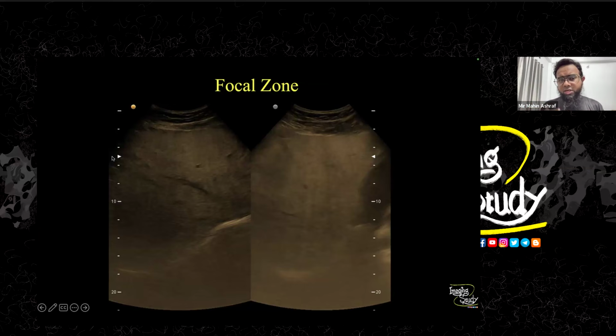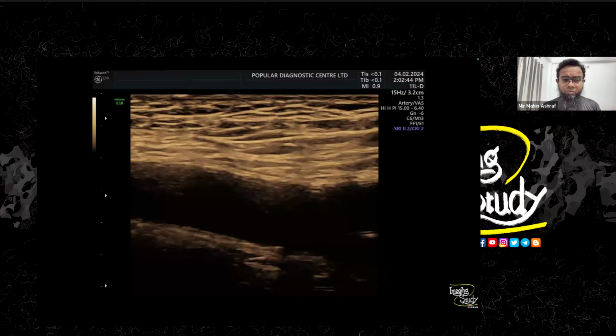If you need, you can use multiple focal zones in your ultrasound machine, but try to avoid that because they will cut the frame rate and make your machine a little bit slower. So we usually try to use a single focal zone to see the structure. And you need to adjust the focal zone. Like I'm here using 3 different focal zones, but I have nothing to see here because I'm looking at this vessel. So I need only one focal zone at that part to get the best resolution of that part.